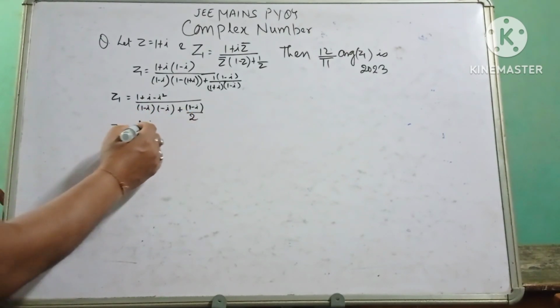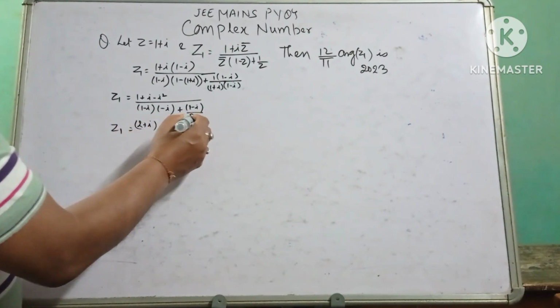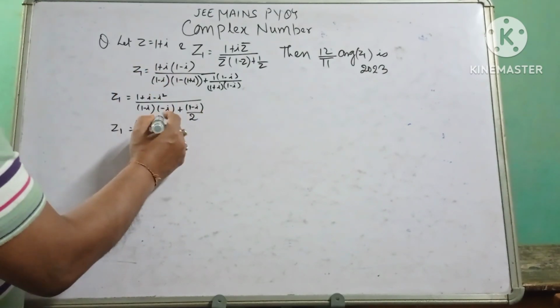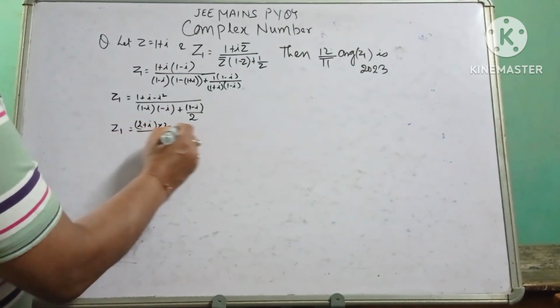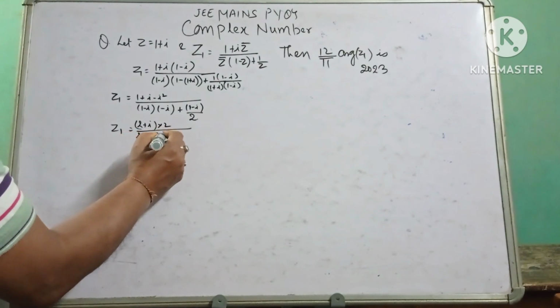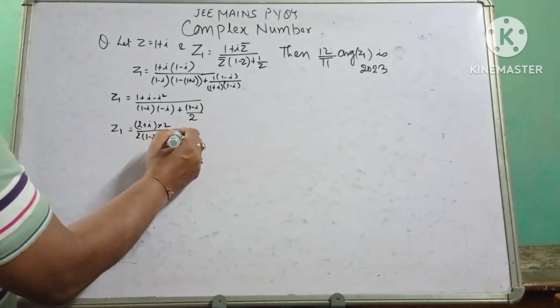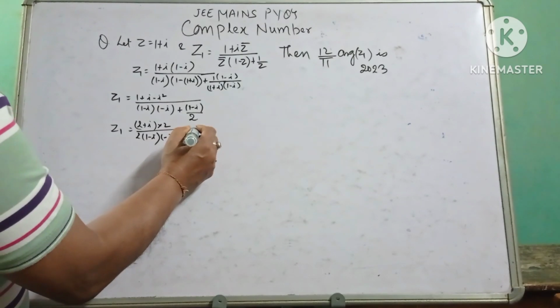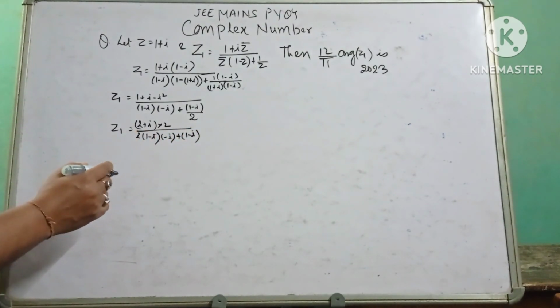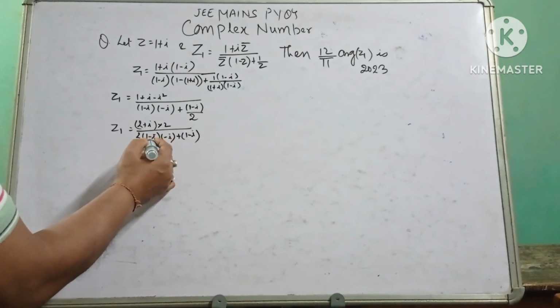And here, if we take the LCM it will be 2, and 2 will go to the numerator, and in the denominator it will be 2 times 1 minus i plus 1 minus i. Now I am going to solve this.